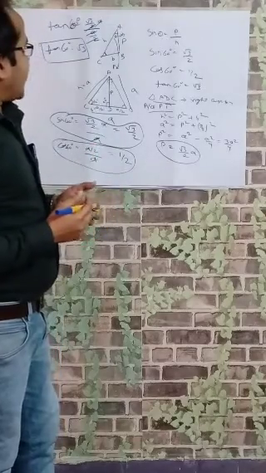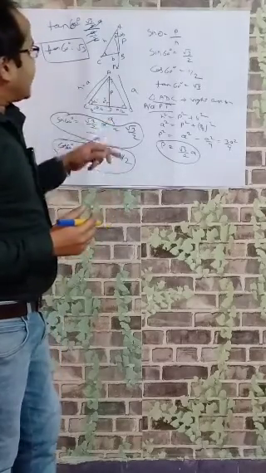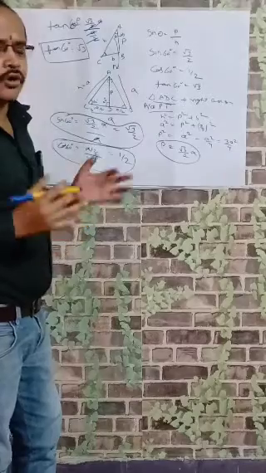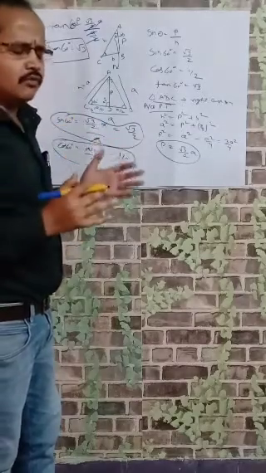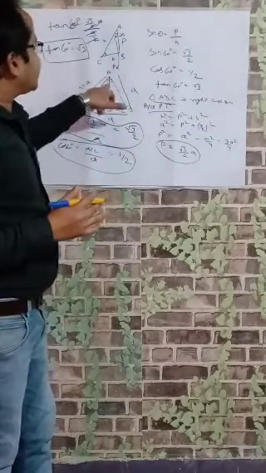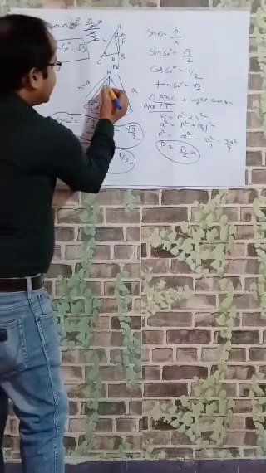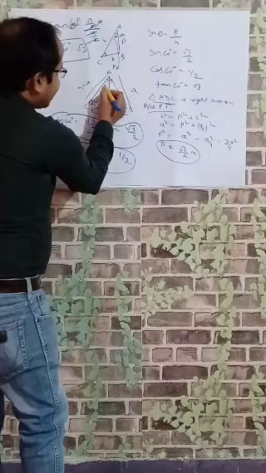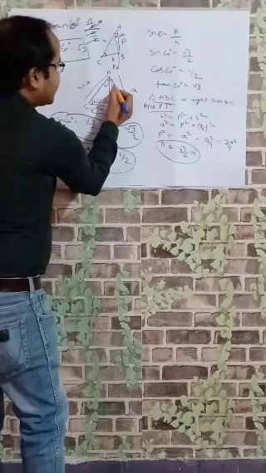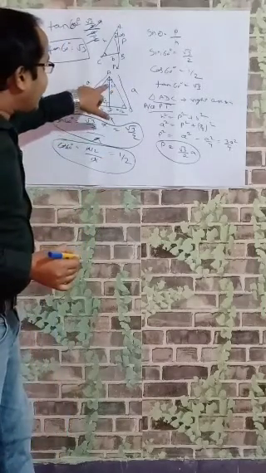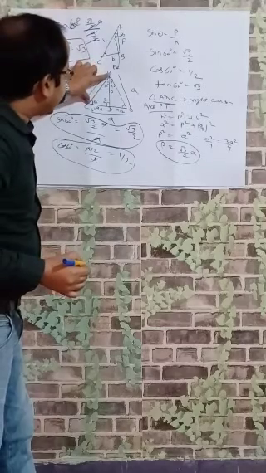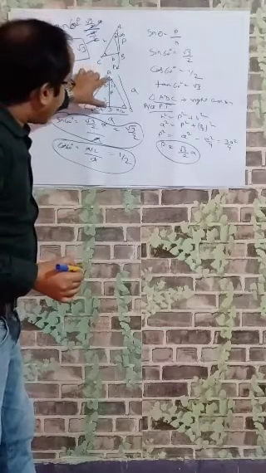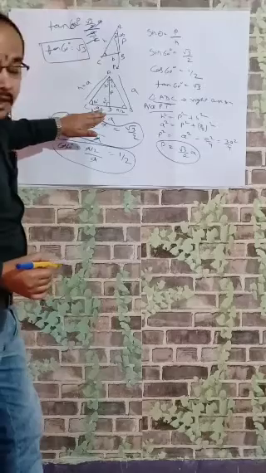Similarly, if I want to know the value of sin 30, and I don't know the formula or the value, what will it be? If this angle is 60 degrees, then this angle will be 30 and this angle will be 30. If we are measuring theta between AC and AD, then the opposite side will be the perpendicular.